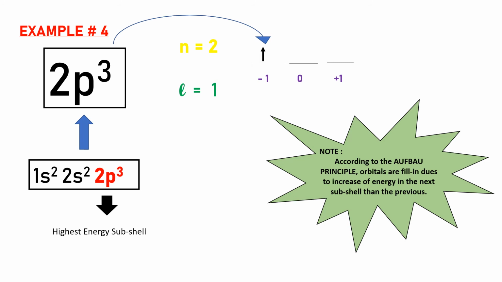So you need 3: 1, 2, 3. So it stopped at +1. Therefore, your mL is equivalent to +1. And the direction of the last arrow is upward. Therefore, the value of MS is equivalent to +1/2.